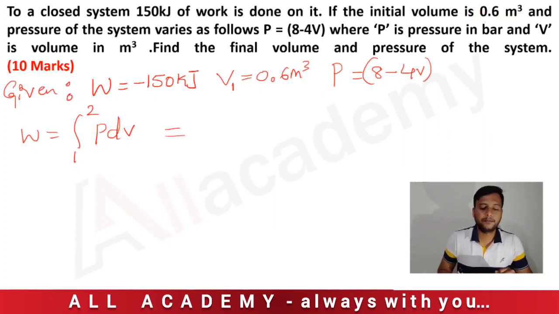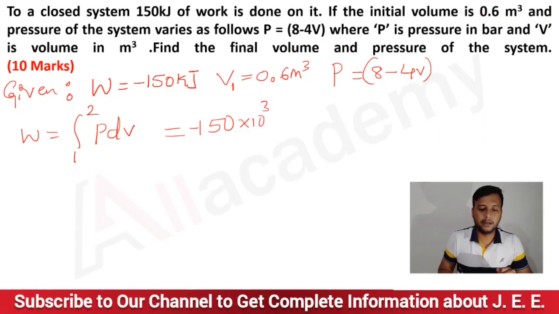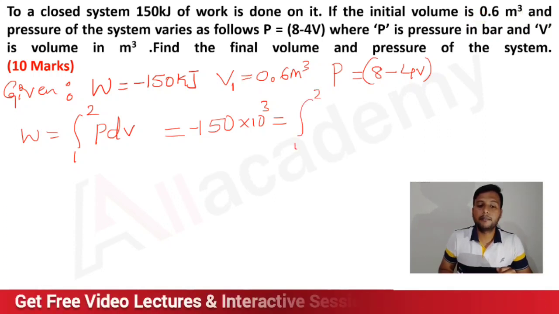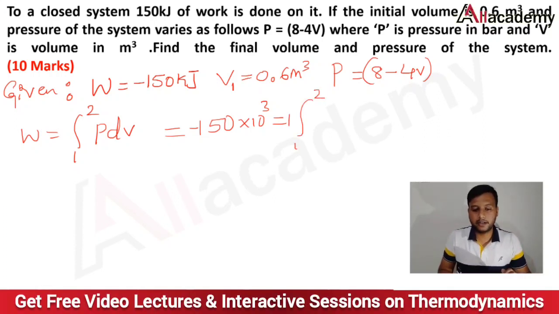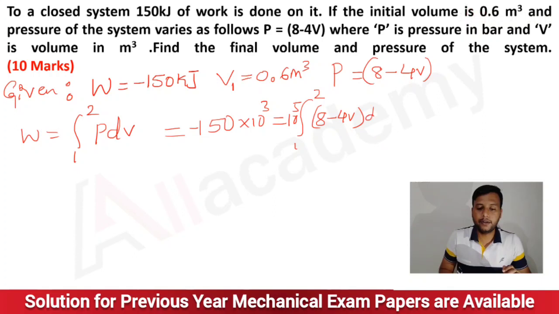So W, which is given as minus 150 kilojoules, I will write as 10 raised to 3, will be equal to, now the pressure is given in bars, so I will write 10 raised to 5 outside, then the integral of (8 minus 4V) dV.